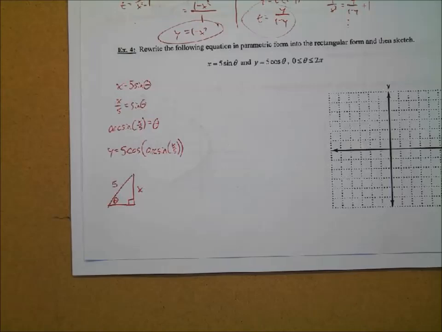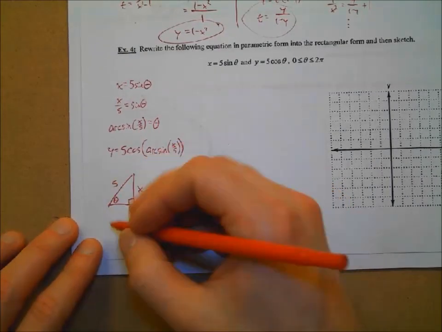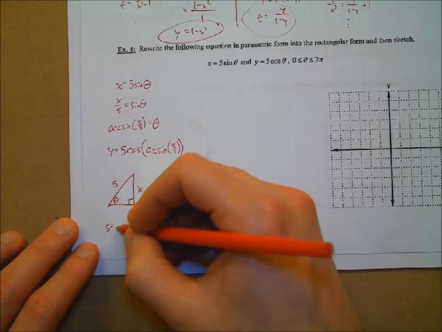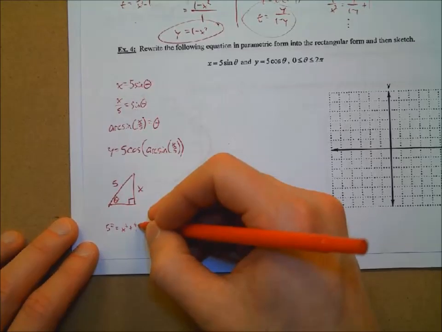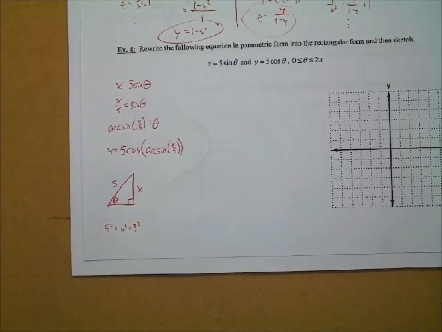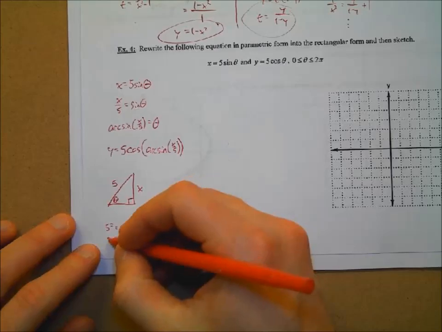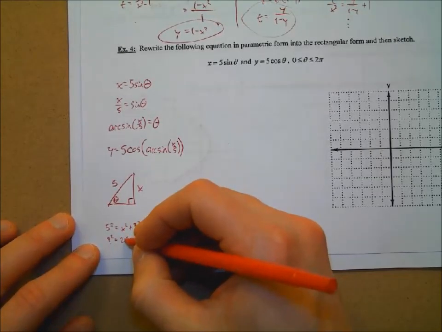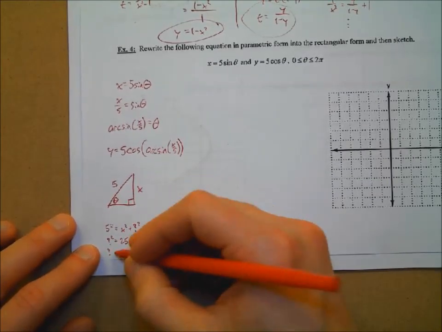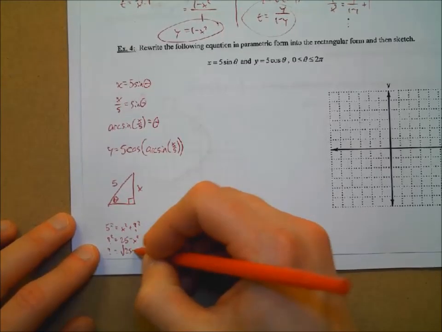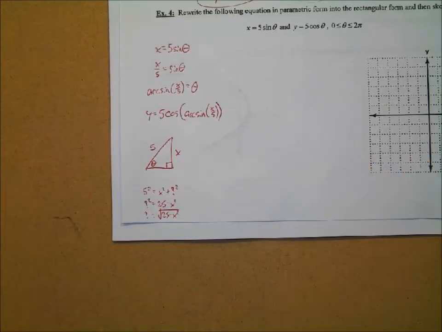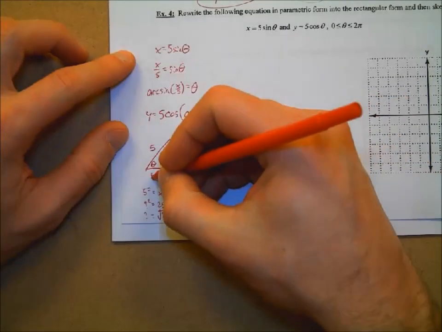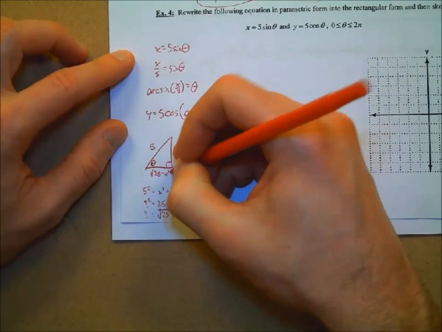Then by the Pythagorean theorem, 5 squared has to equal x squared plus mystery squared. So mystery squared is 25 minus x squared, or the mystery side is the square root of 25 minus x squared.